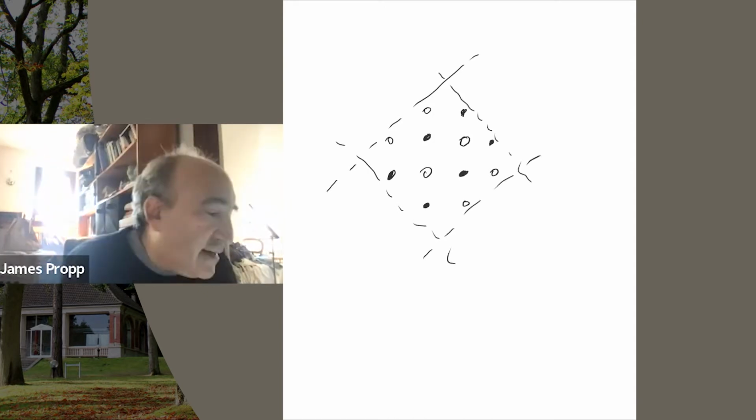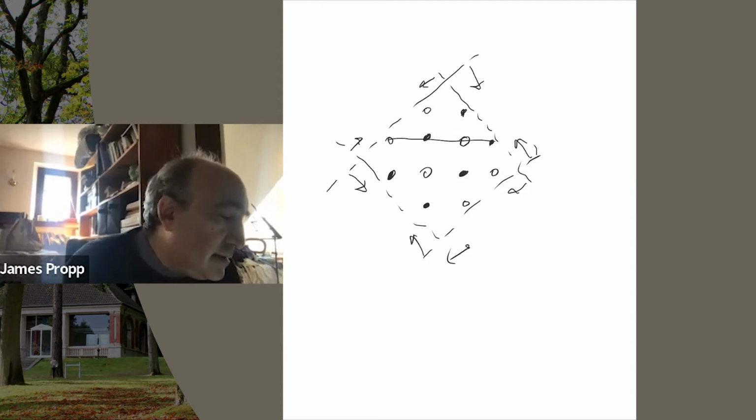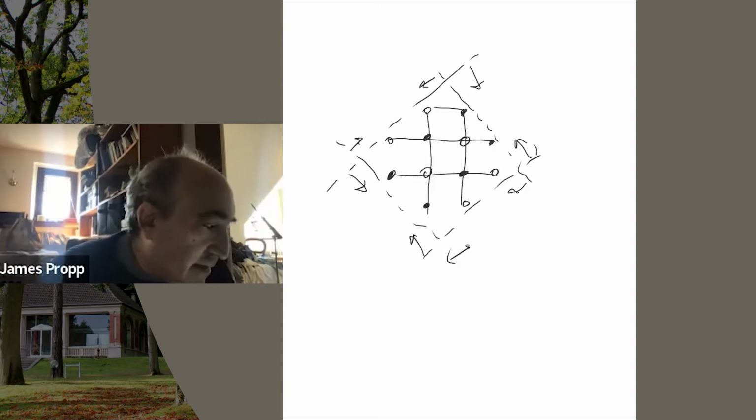So here you should think of each of these bounding lines as determining a half plane. And we're intersecting these half planes to get a finite region and the associated induced subgraph of the infinite square grid.